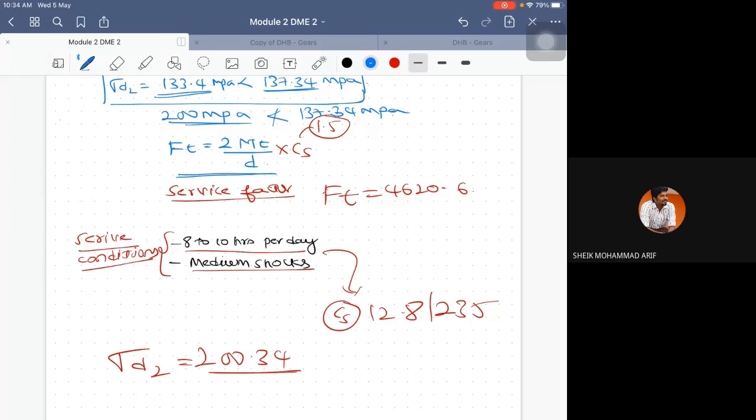So what do you have to do? Change the value of m. So again, look into the table. Standardize, take m is equals to 5. Okay. Take m is equals to 5 and solve. I'll just come back.